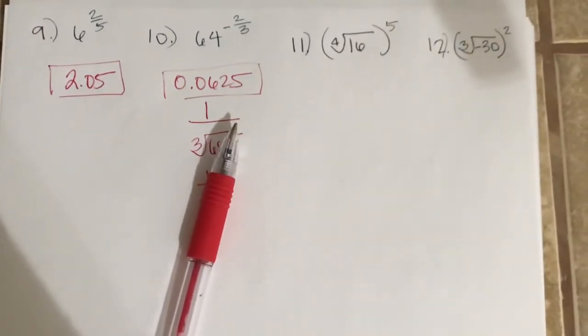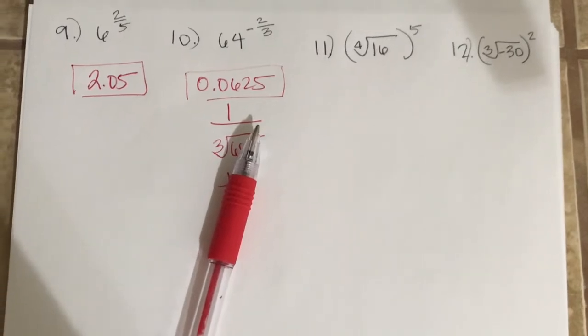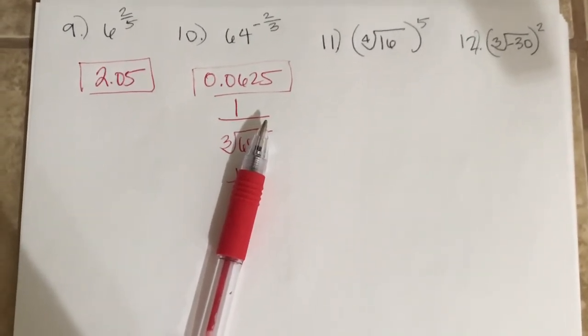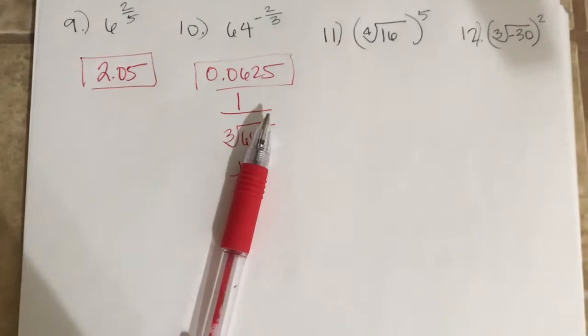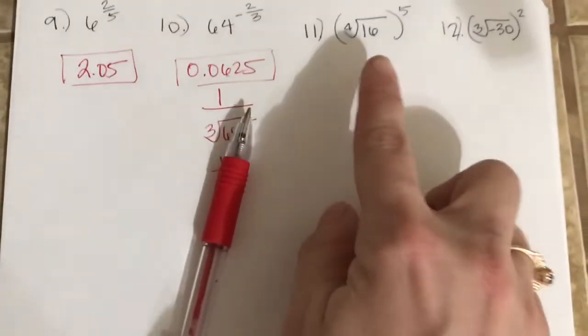So these next two problems are written in radical form, and of course you could put them in the calculator as a fractional exponent, like number 11, you could type it in as 16 to the 5/4. Let's go ahead and type it in though exactly as we see it.